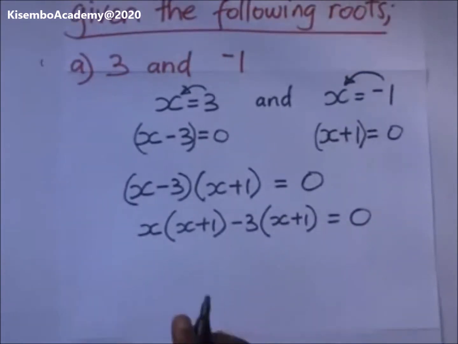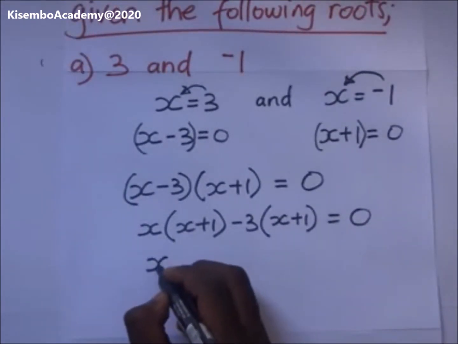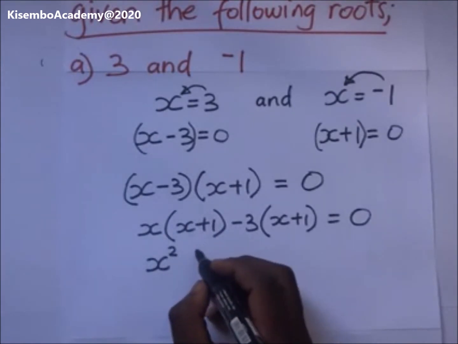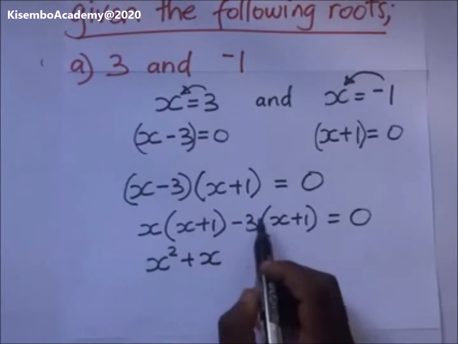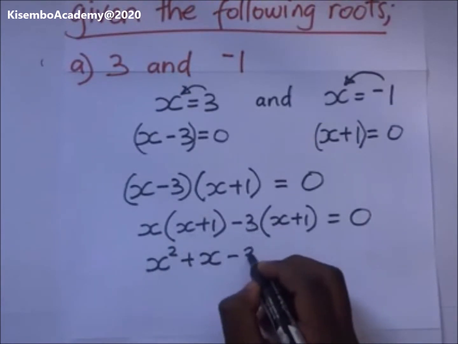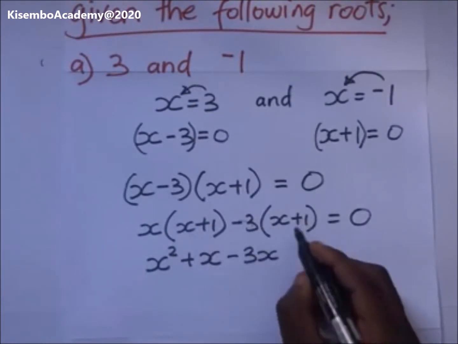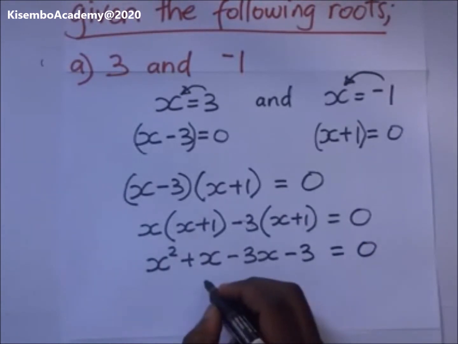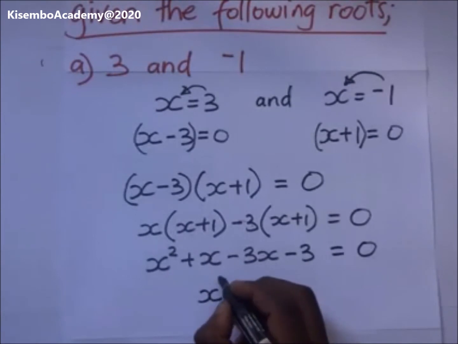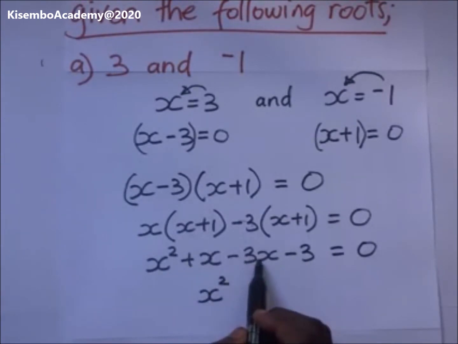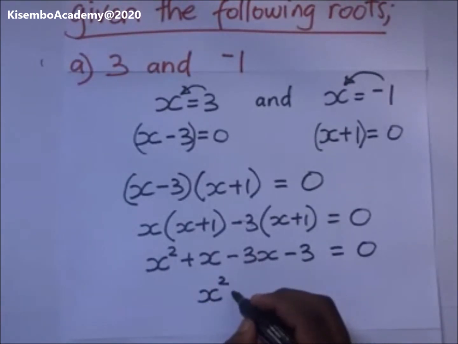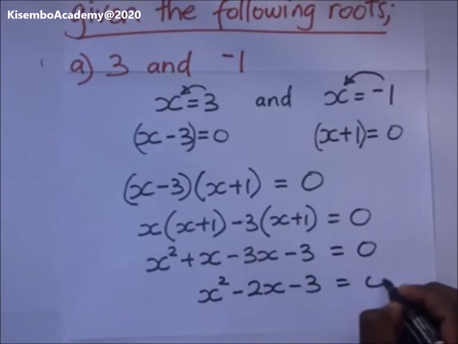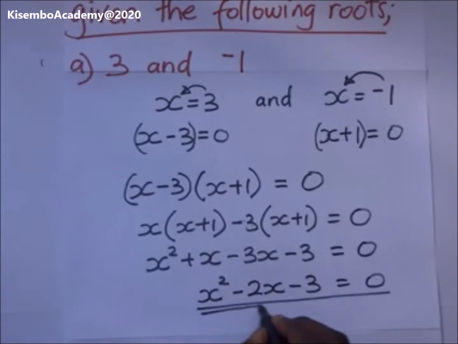So you go ahead and open the brackets. x times x is x squared, then we have x times 1, which is plus x, then negative 3 times x, which is minus 3x, then negative 3 times 1, which is minus 3, giving us 0. So we shall end up with the quadratic equation x squared plus x minus 3x, which gives us minus 2x, then minus 3 is equal to 0. Now that is the quadratic equation.